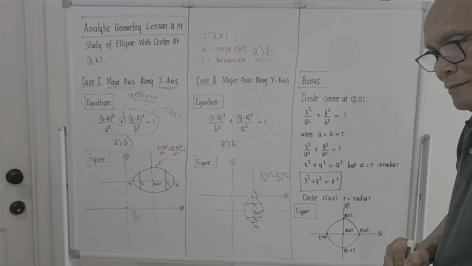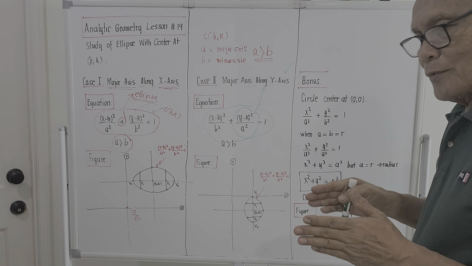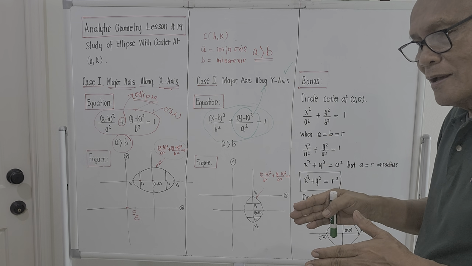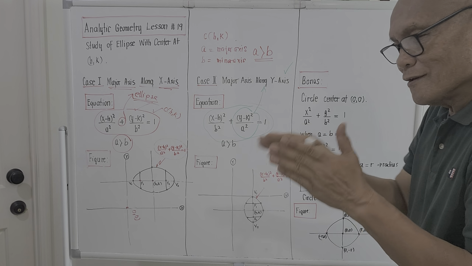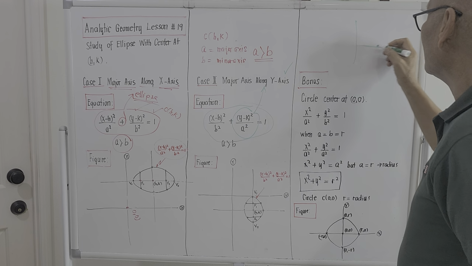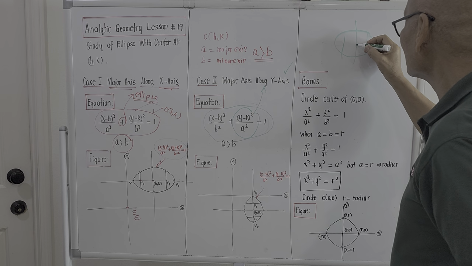And just to repeat, an ellipse is the locus of points, or path of points, the sum of whose distances from two fixed points is constant at any given time. This is an ellipse, focus number 1, focus number 2.